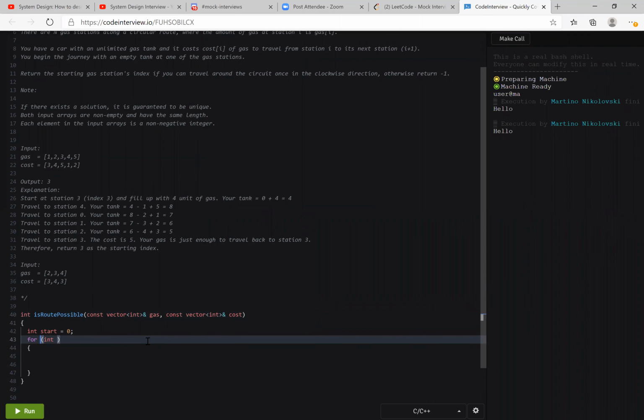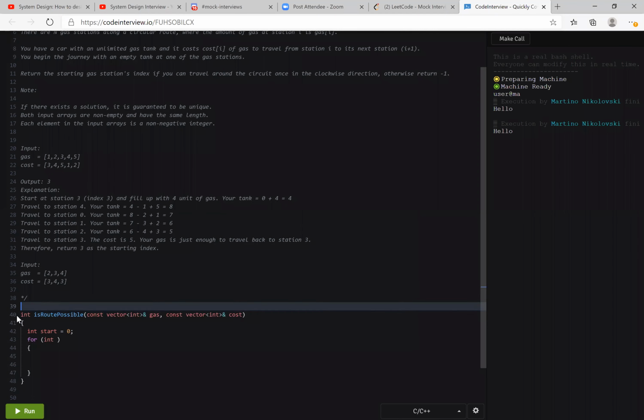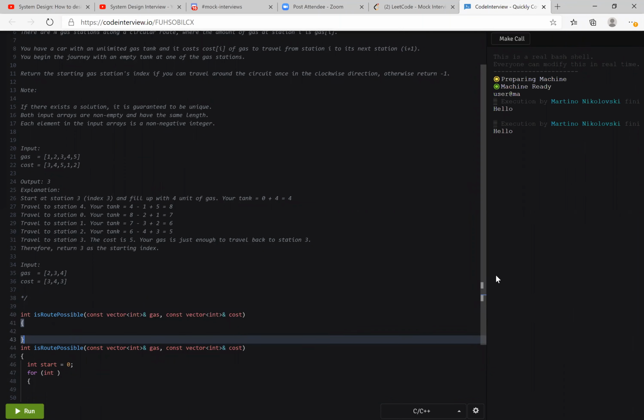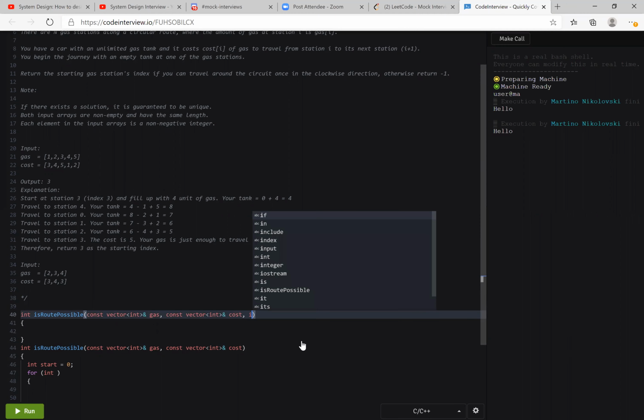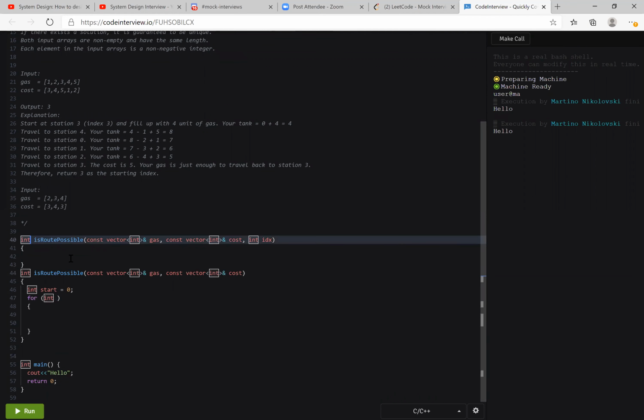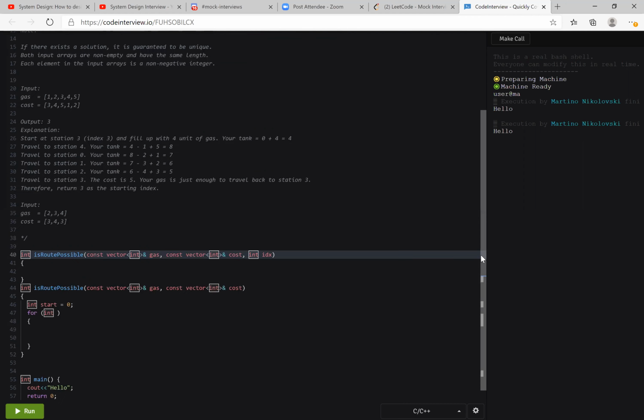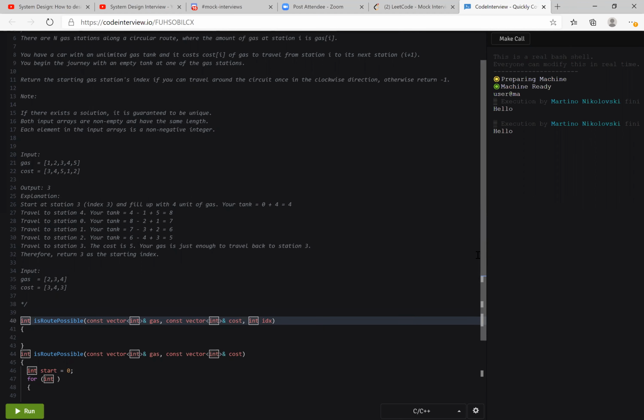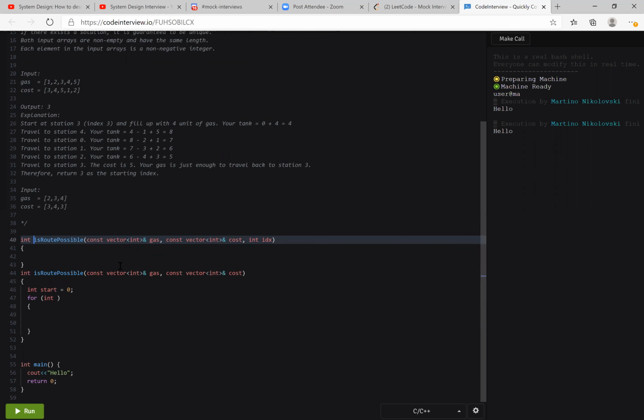I should just say an internal function to say start. In here, what do we want it to return? Otherwise return the starting index. Okay, otherwise return minus one. And here we can just say bool basically, or if it is not possible, it will return minus one.